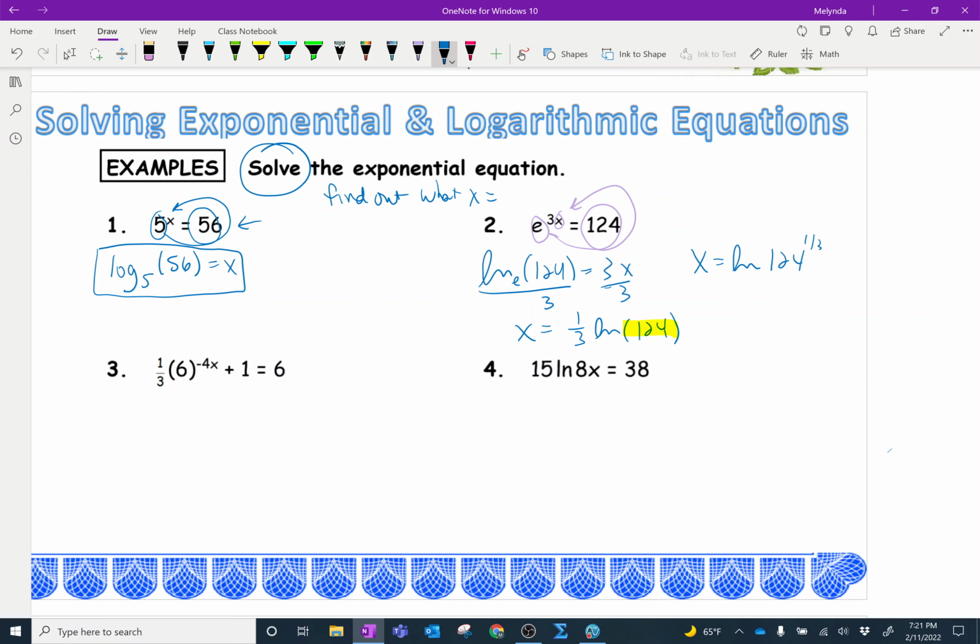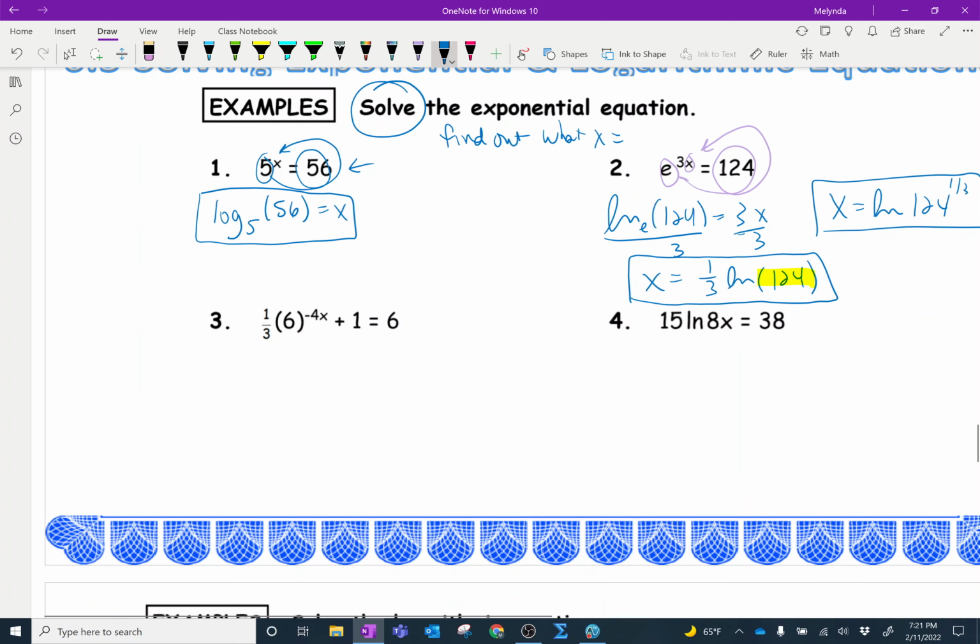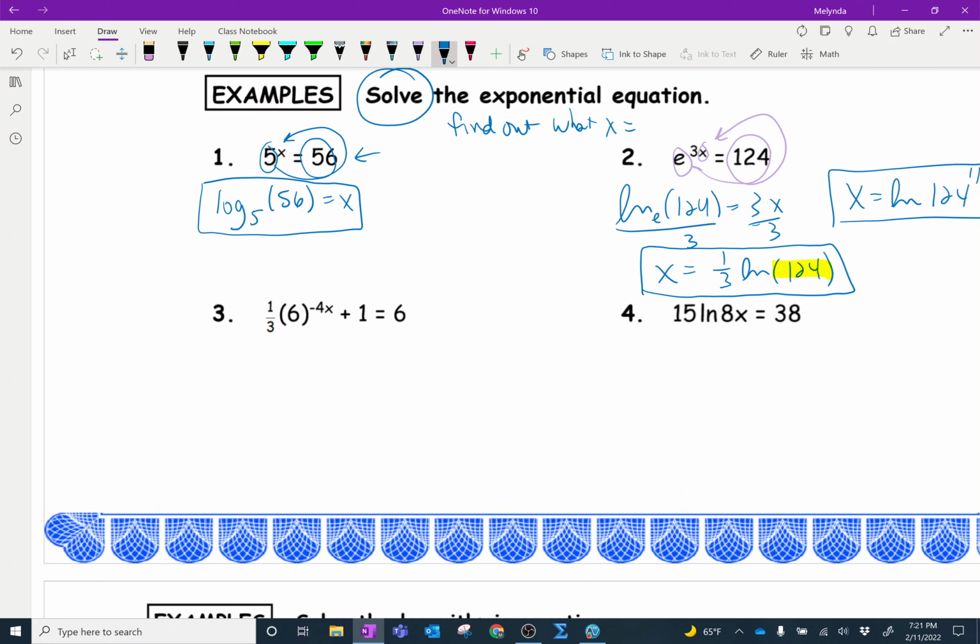All right. So let's take a look at number 3. When we look at this one, it looks different than the other ones. I want us to make a note here. So when we are working through these problems, what we want to do is we have to be sure before we convert. So before I turn an exponential into a log or a log into an exponential, it has to be all by itself.